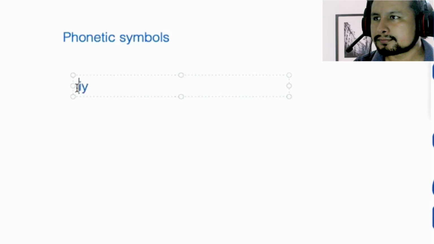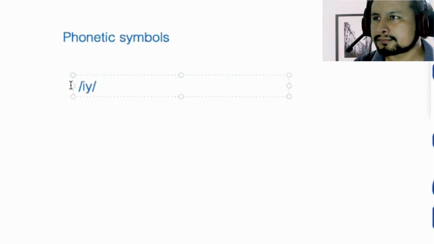And in most cases, you can recognize a phonetic symbol because it's usually between slashes. So whenever you see something like this, it is not the letter I and the letter Y. No. This is a phonetic symbol. And a phonetic symbol represents a sound.